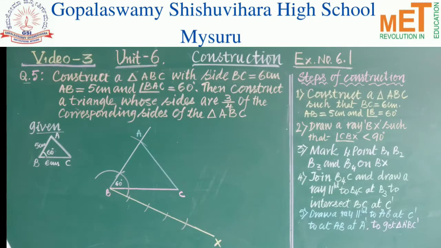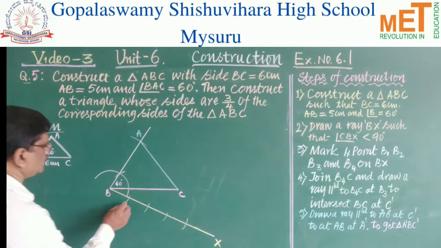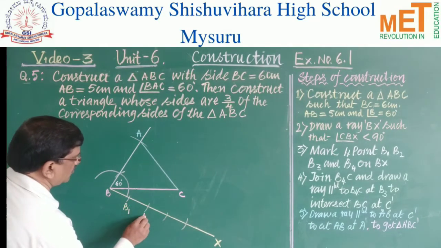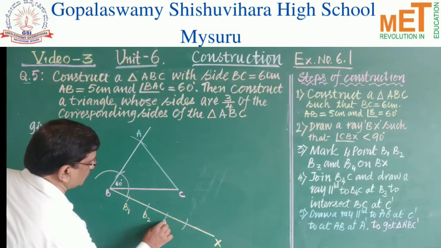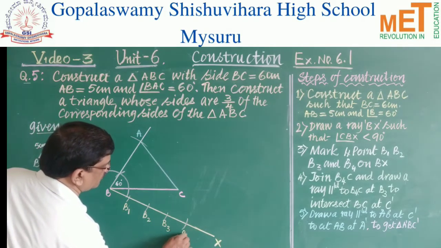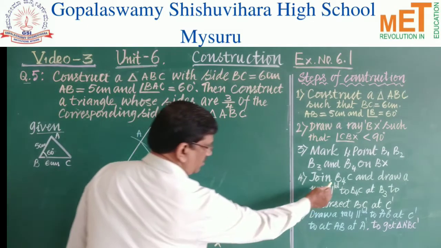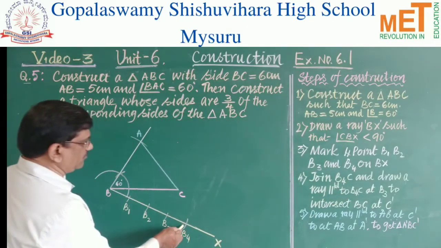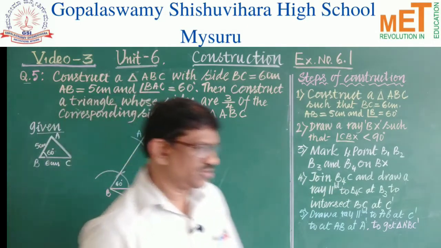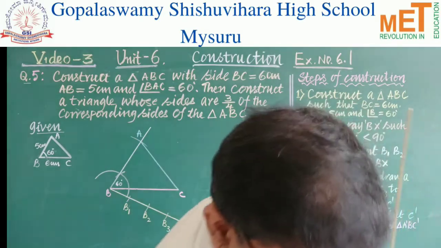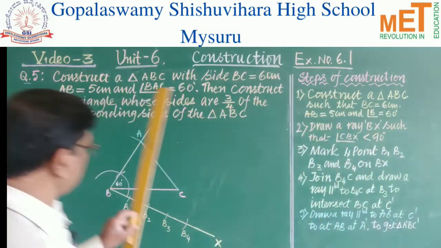Name it as B1, B2, B3, B4. Next, what do we have to do now, children? We have to join B4 and C. Join B4 and C.